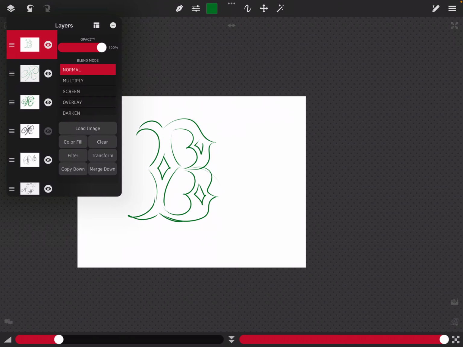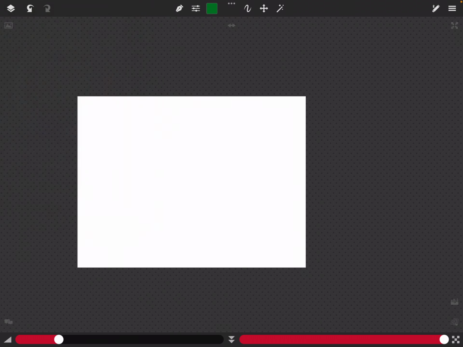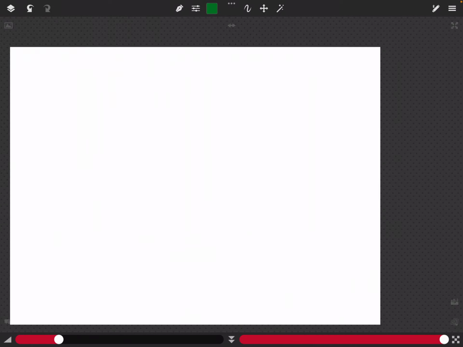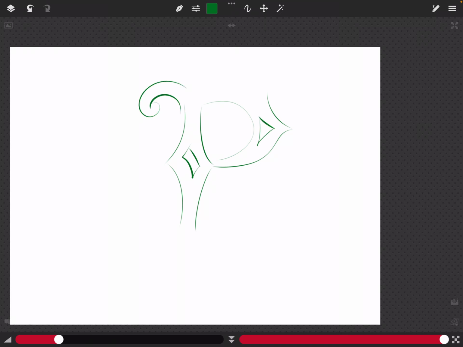Well, we can do the same thing with A and a P. The P can have a little cutout thing in the stem here. Can have a triangular cutout there. Can have a little doober there.